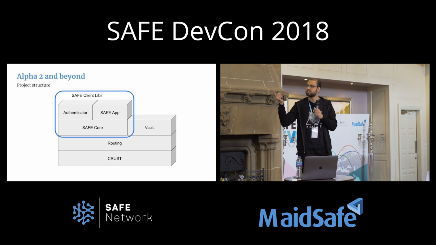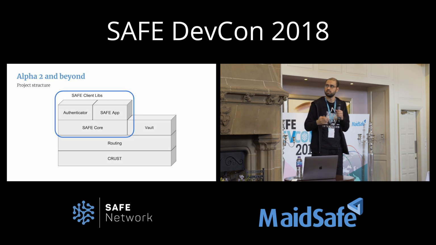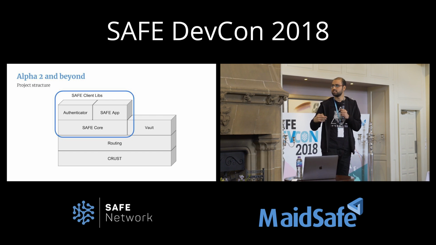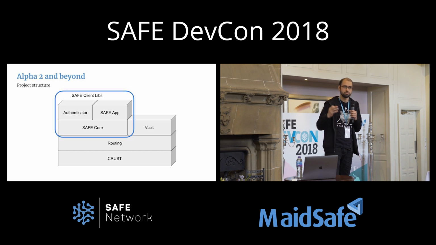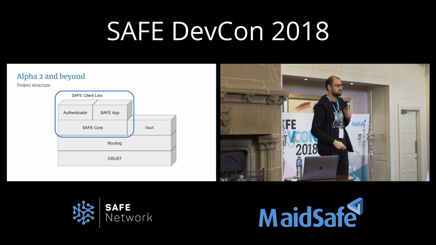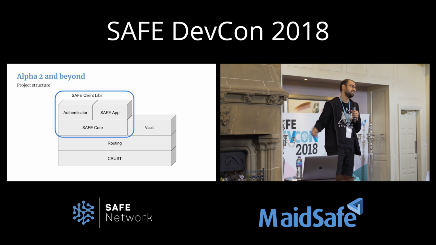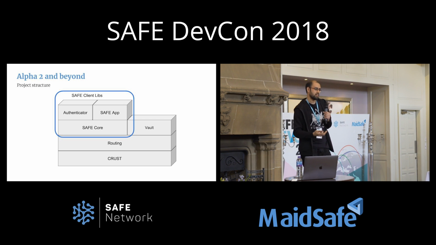The safe client libs are the client side, so they expose facilities for the app developers to use to basically interact with the safe network, to build apps for the safe network. So how they do it probably ties into your previous question. It exposes a C layer, so C being the kind of a lingua franca, is the least common denominator.